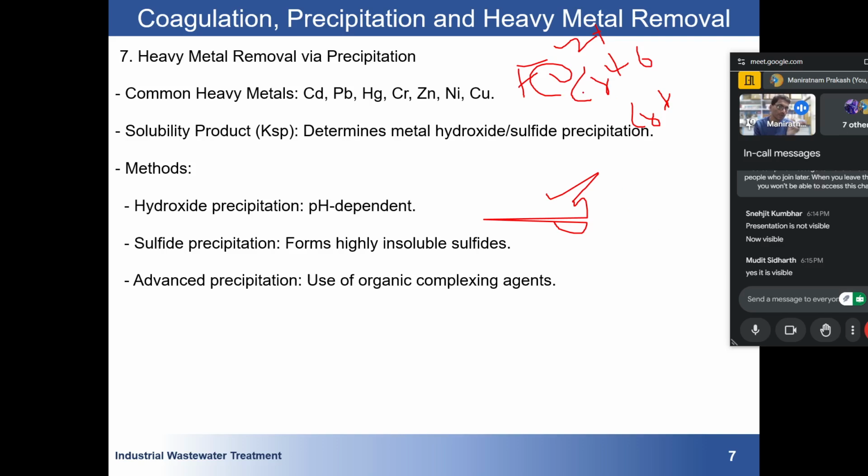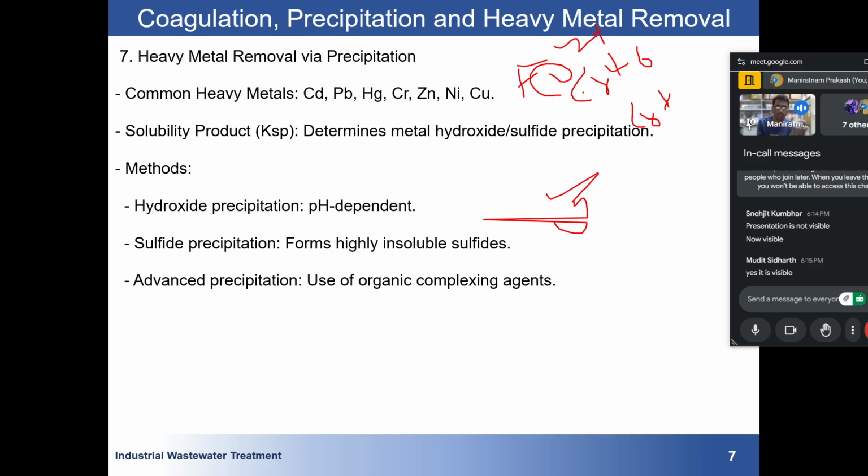Iron and chromium will form a co-oxy, and in presence of water they will form a precipitate, known as iron 3 chromium 3 oxy hydroxide precipitate. That precipitate is very heavy, and with time it will settle. This is just a brief on how chromium is removed.